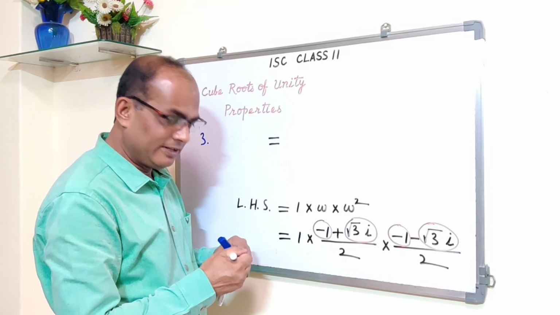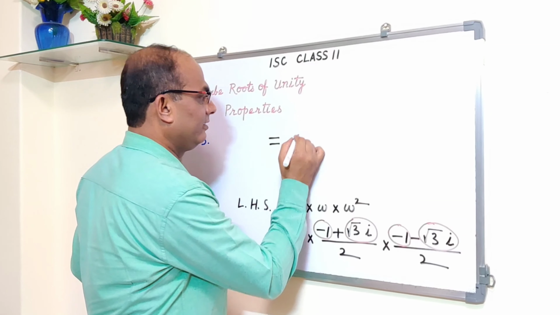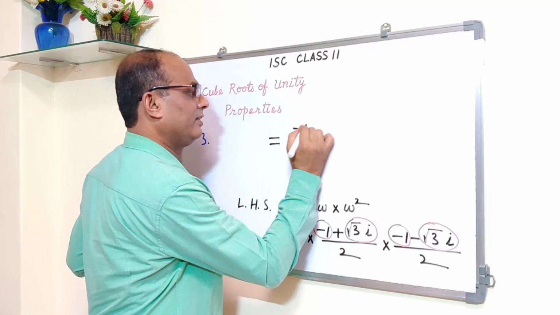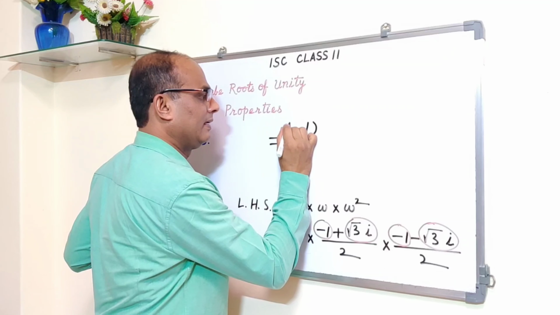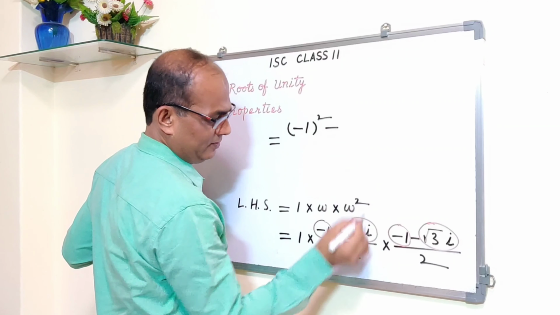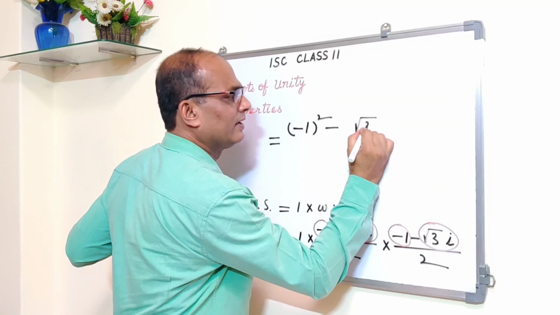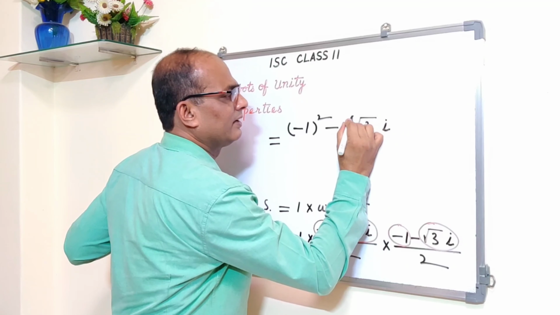Which is a square minus b square. Fine. So when we multiply, we can write down a square means minus 1 square. Alright. So a square minus b square means root 3i whole square.